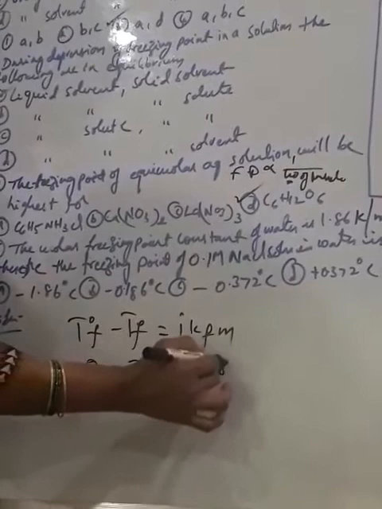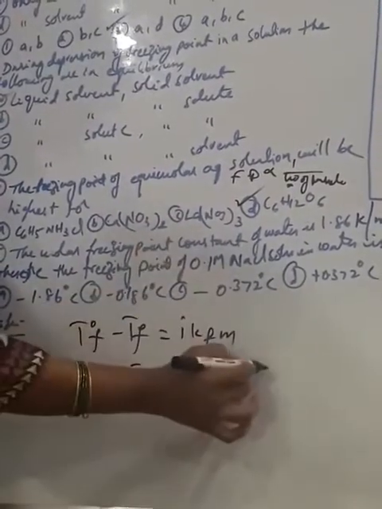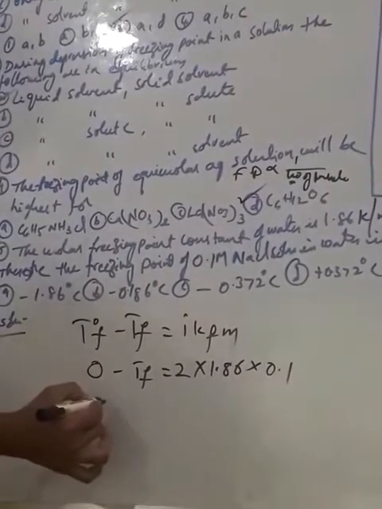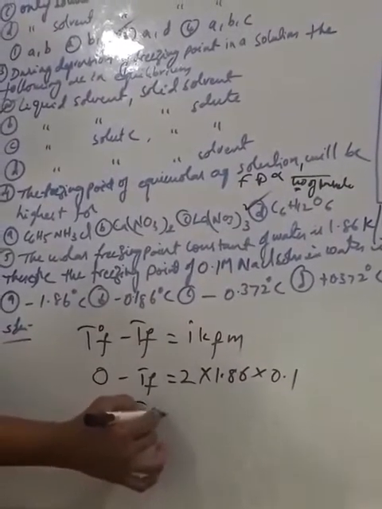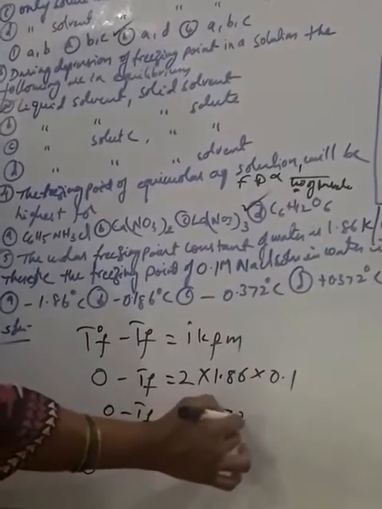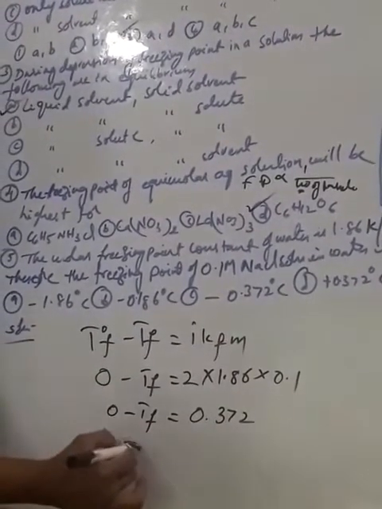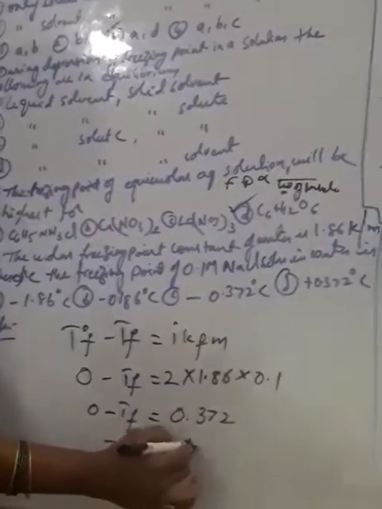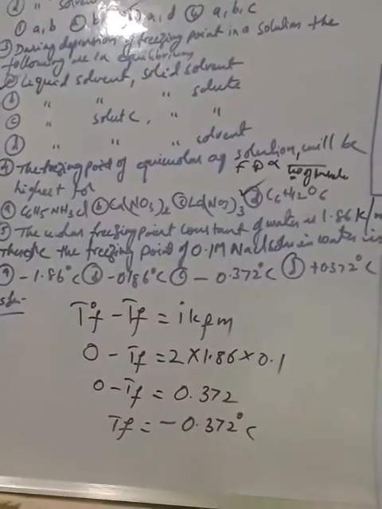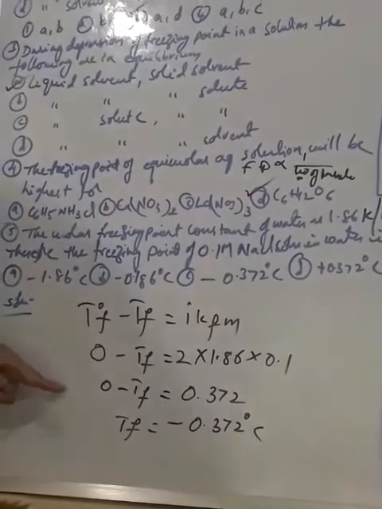Kf value is 1.86, and m is 0.1. So we get 0 minus Tf equals 0.372, and Tf is equal to minus 0.372 degrees centigrade. Okay, so option C.